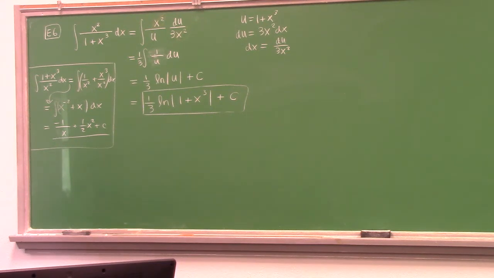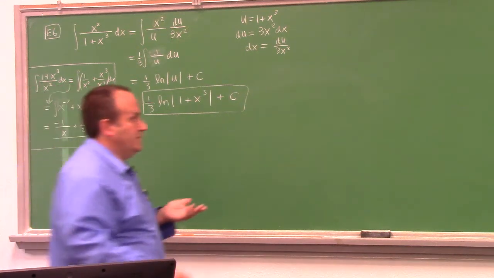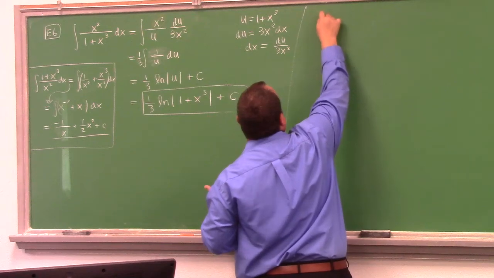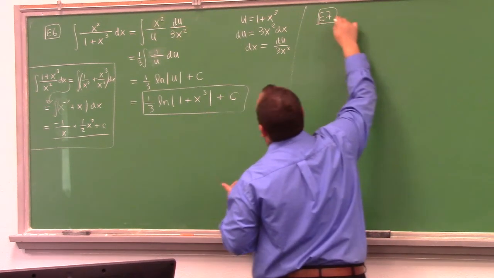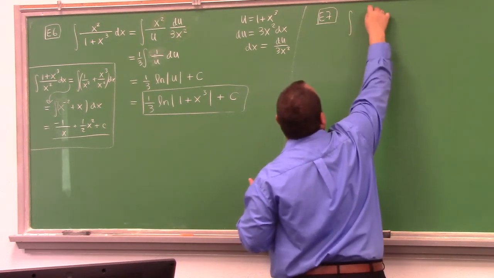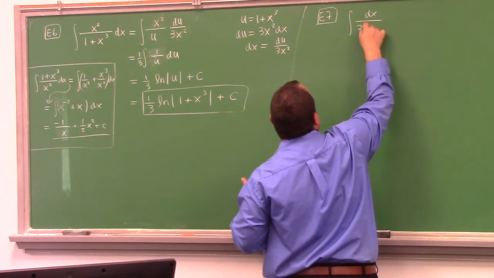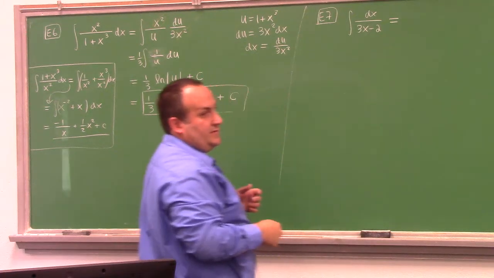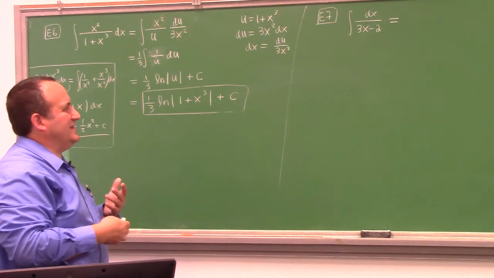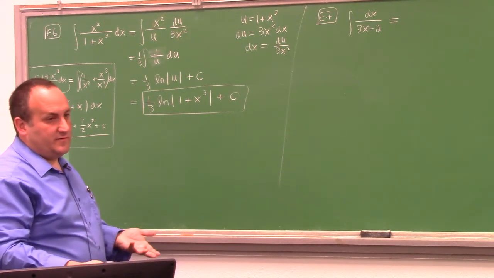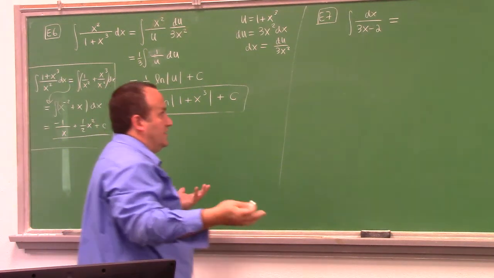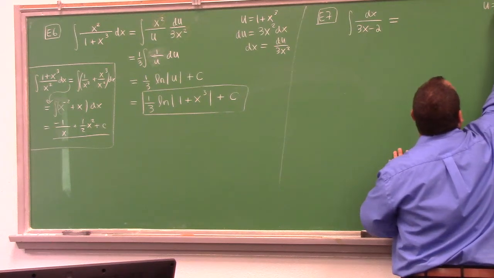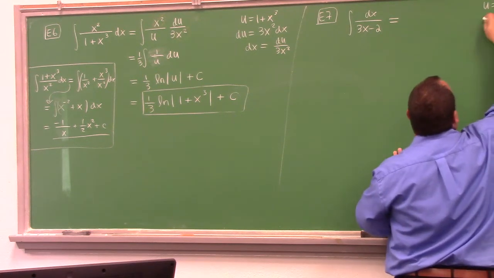Of course, these problems don't have to be so complicated. I mean, there's an easier version of this one. Example 7. If we have the integral of dx over 3x minus 2, you see something like this, you should just go, I got to make the denominator the u, right? Again, so I'll make u equal to 3x minus 2.